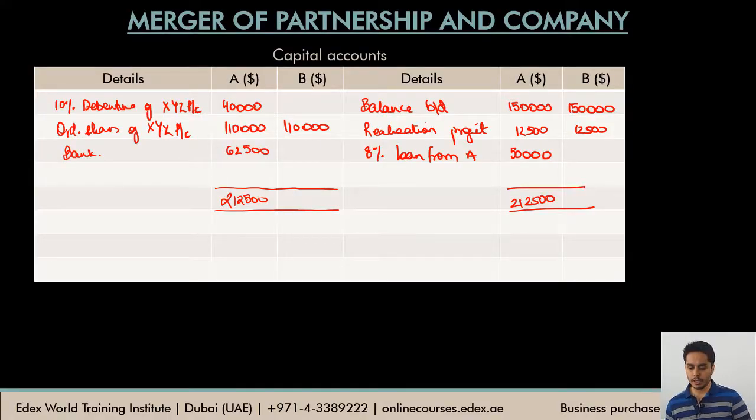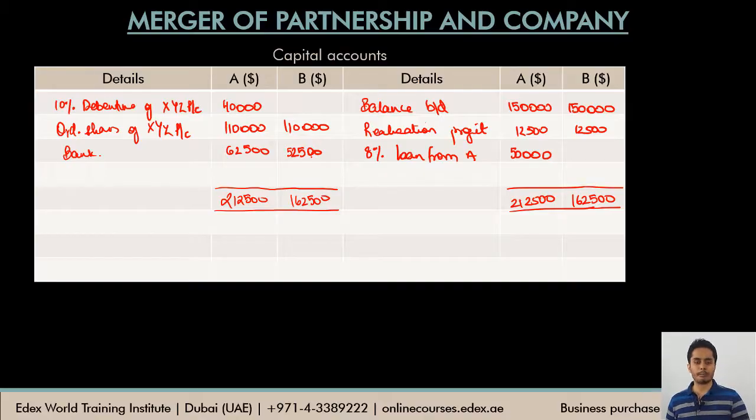And same for B, we would take a total on the credit side of 162,500. When we deduct 110,000 from 162,500, we get 52,500. So 62,500 and 52,500 will be paid to A and B through the firm's bank account.